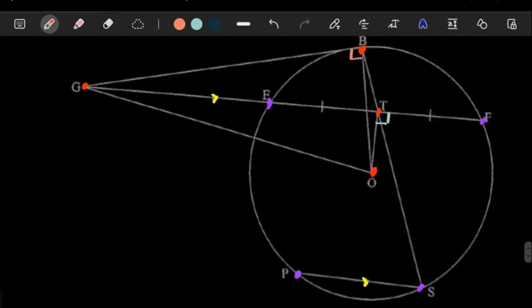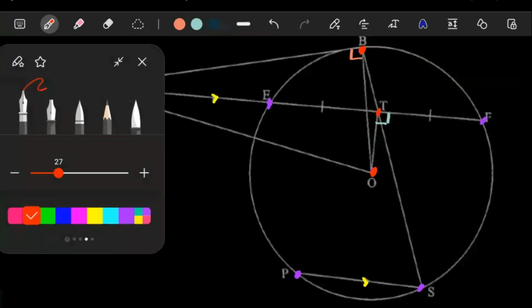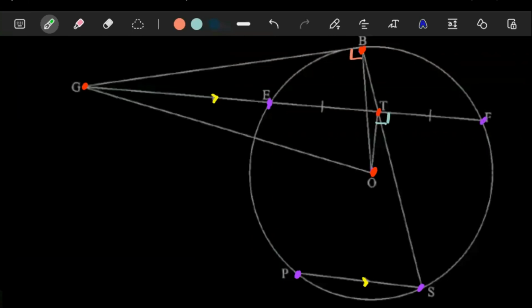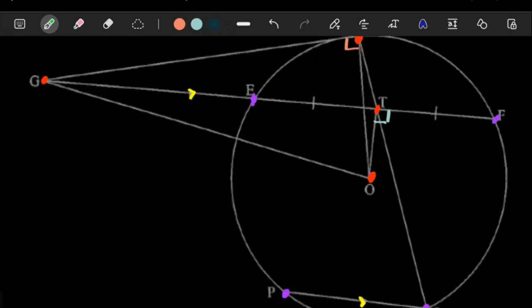Let's see which lines are parallel here. Obviously if this was an exam, you'd want to have just moved on and make use of the fact that it's a cyclic quadrilateral anyway. But I think we have it.